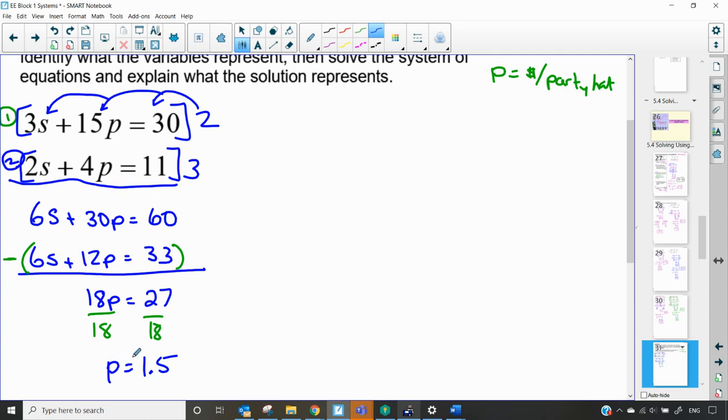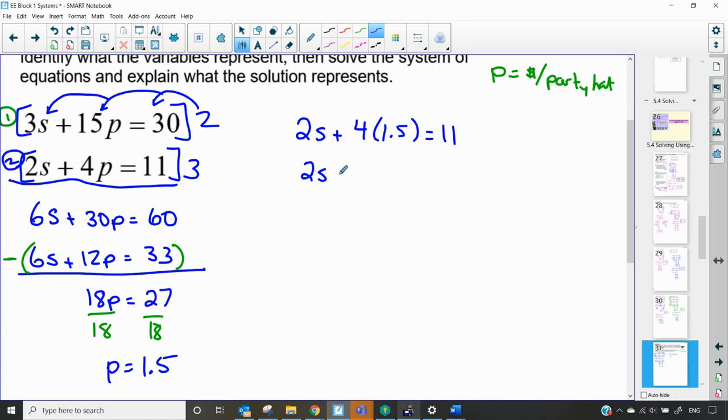So P equals 1.5. We're going to sub into another equation. So I'm choosing to sub into the second equation. You'll notice I often sub into the second equation. That's just a habit that I'm in. Again, it doesn't matter which equation you sub into. So we have 2 times S plus 4 times 1.5 equals 11.